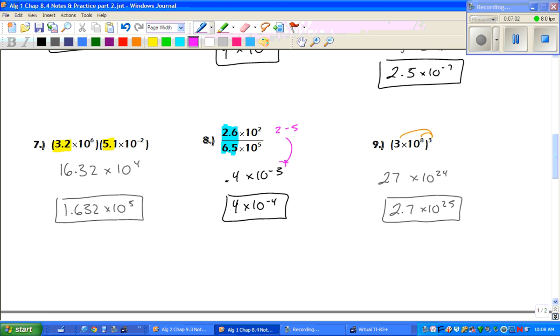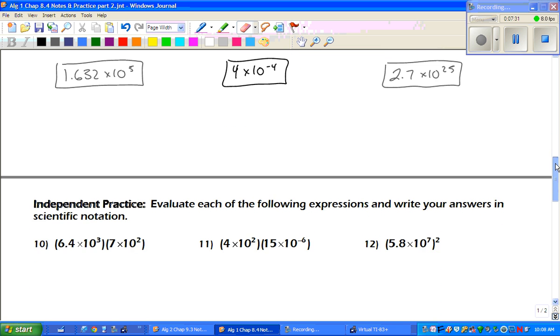Well, 2 minus 5 gives us negative 3. And now we're going from small to big, so we have to subtract from the exponent. Number 9, you have to distribute. Remember, 3 to the third power is not 9, it's 27. Distribute it to both, and then it's from big to small, so we have to add to the exponent. Okay? All right, let's flip it over.